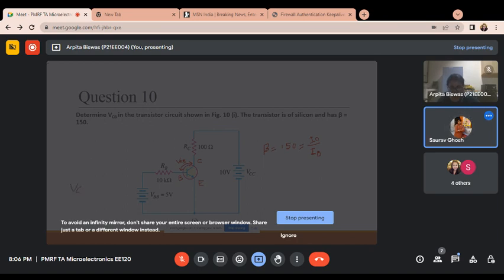Here VCE is equal to VCB plus VBE. Just apply this equation. And we know that for the common emitter, VBE value is 0.7. From that, VB, the answer is 2.85. Yes, the right answer is 2.85 volts.